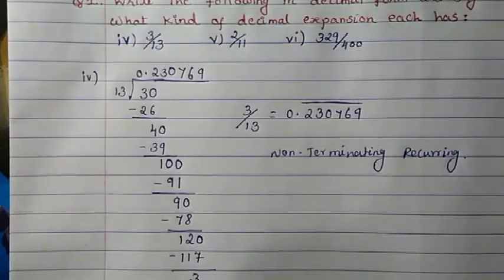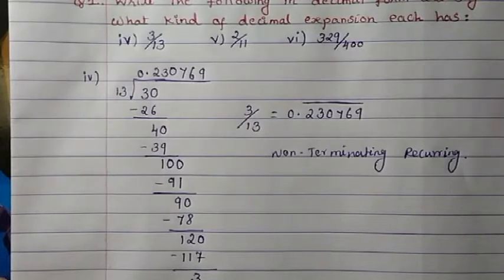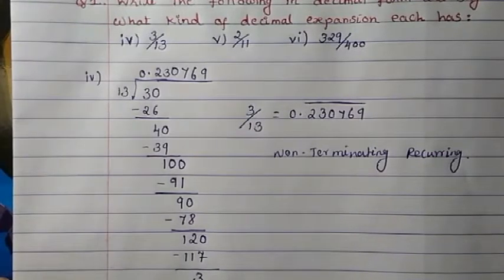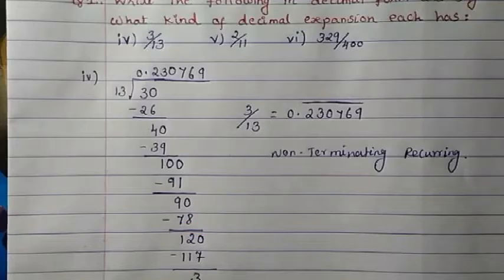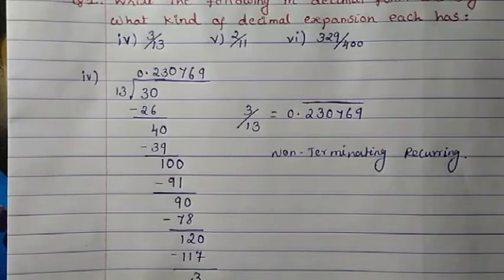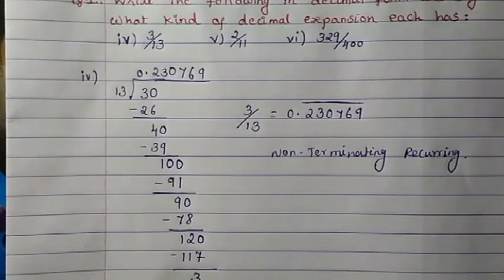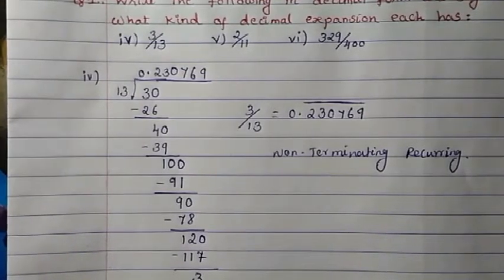Okay, let's see the next one. We have to divide 2 by 11. Now it's a smaller number. To add a 0, we put the point. How many 11s do we have? 1 time 11.